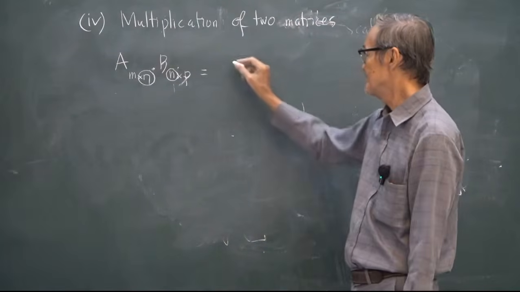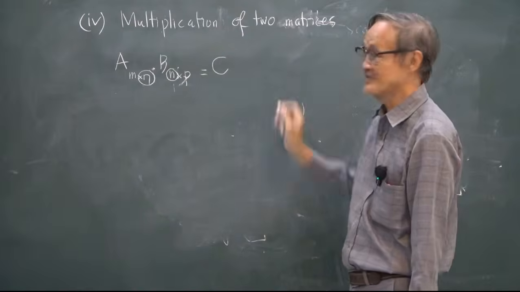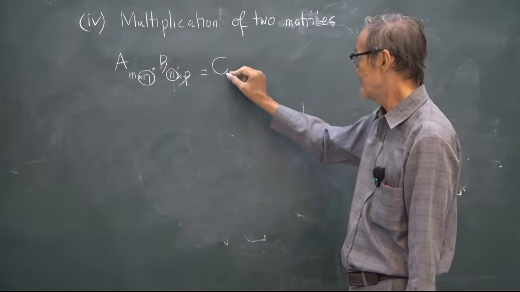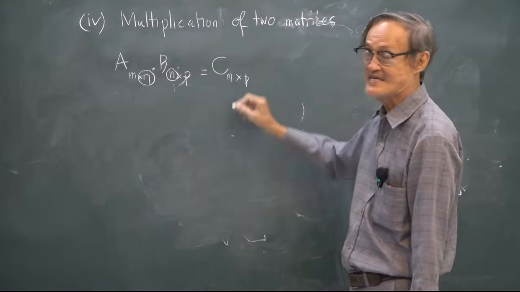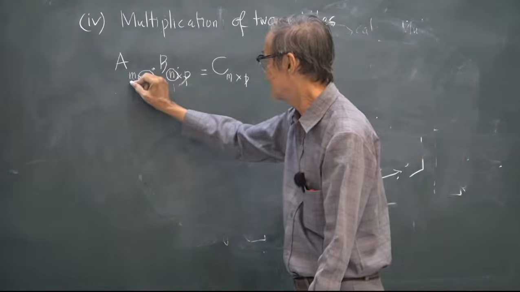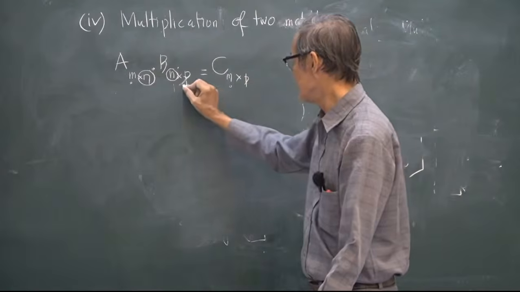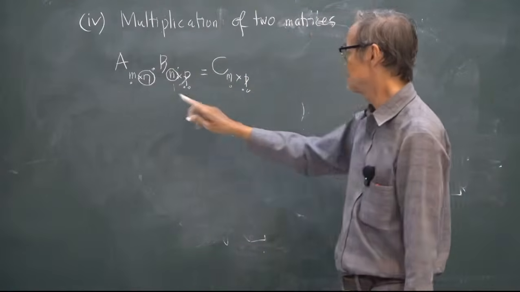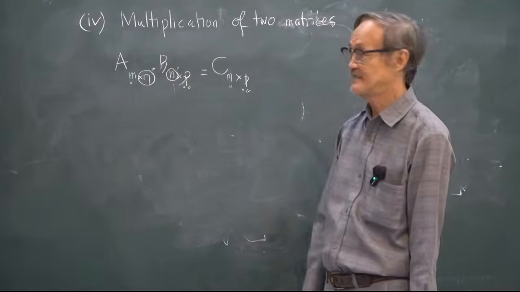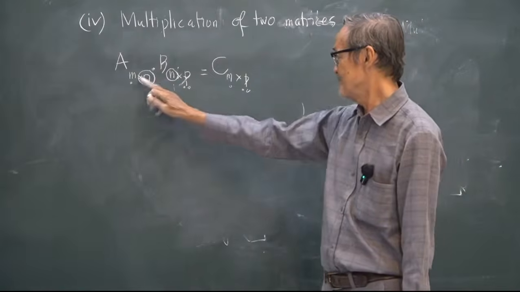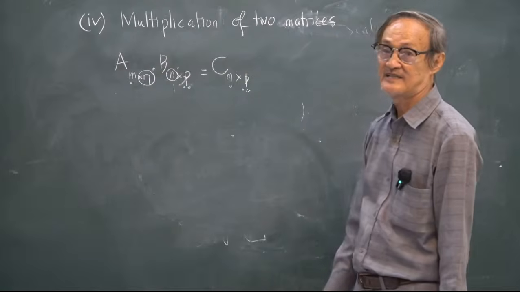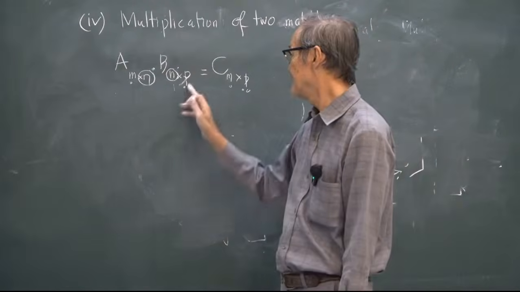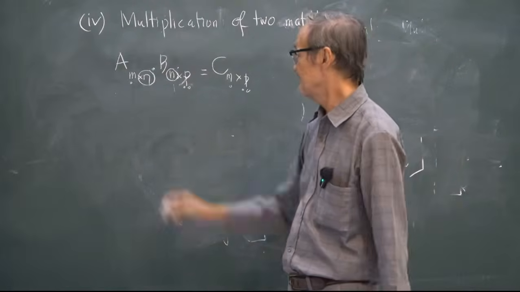And the result is a matrix of dimension M times P. And M, P are arbitrary. Can be the same or not.